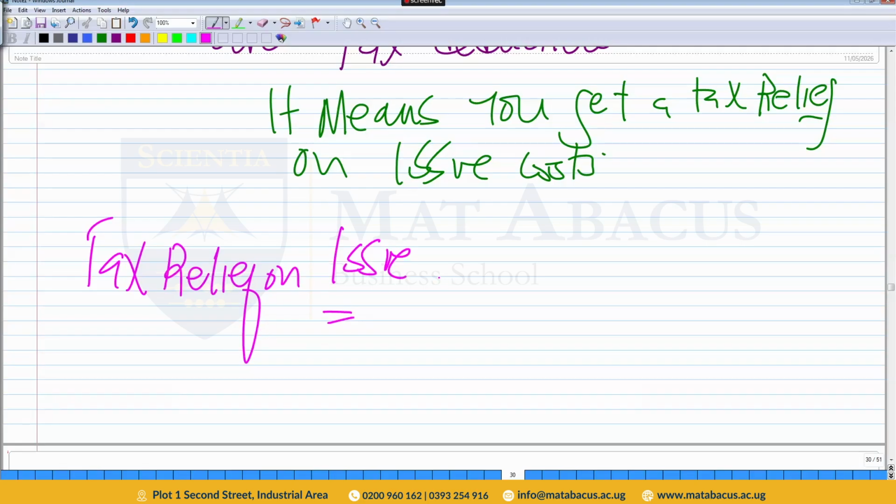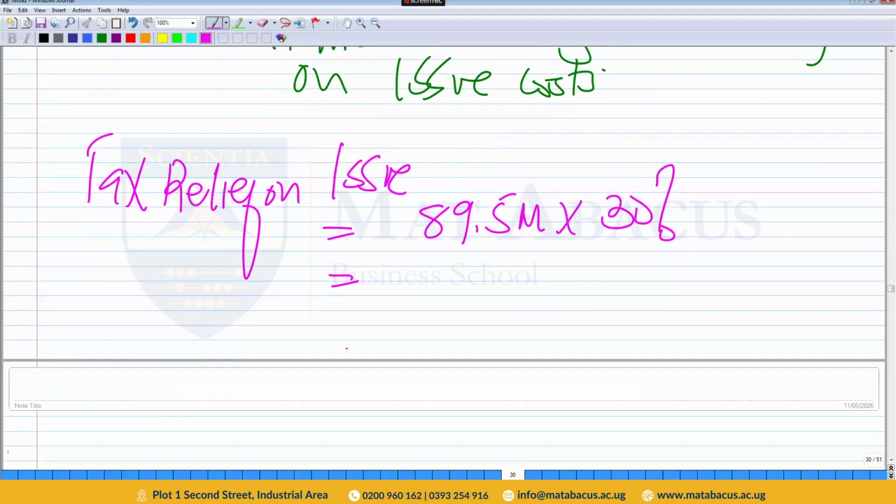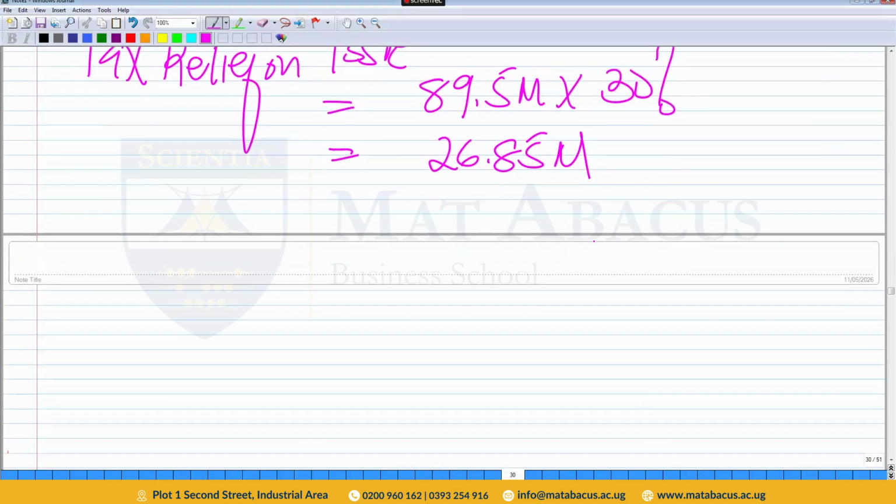The tax relief is going to be the 89.5 times the 30%. And when I do that, I will be able to get 26.85 million.